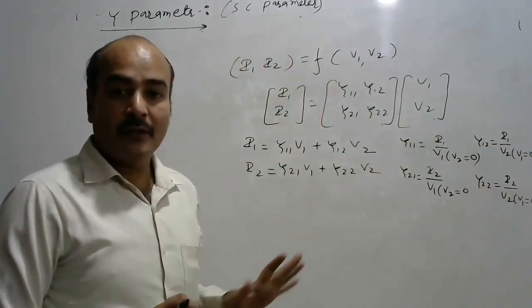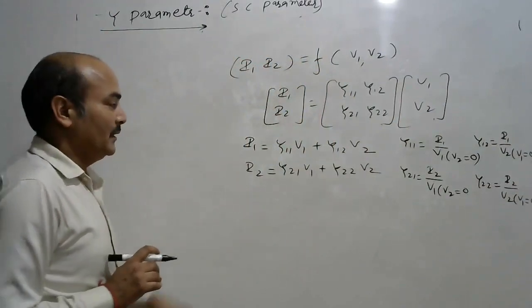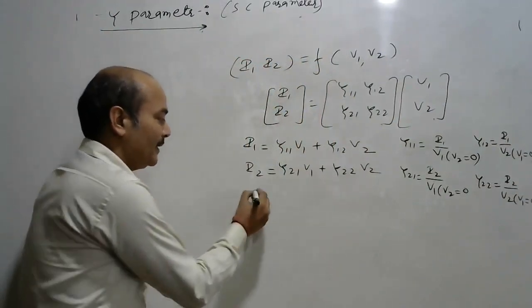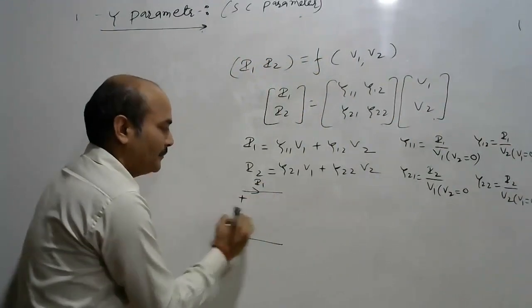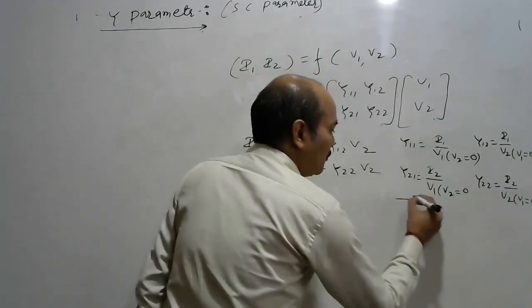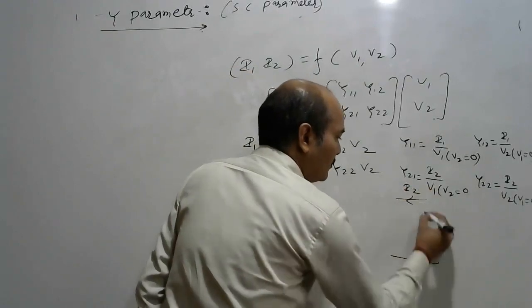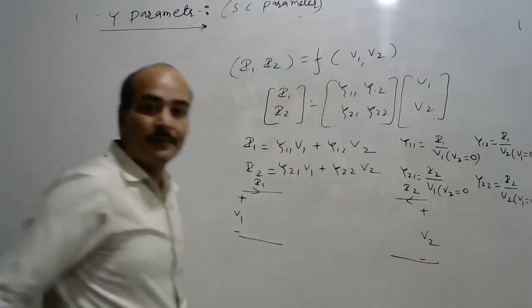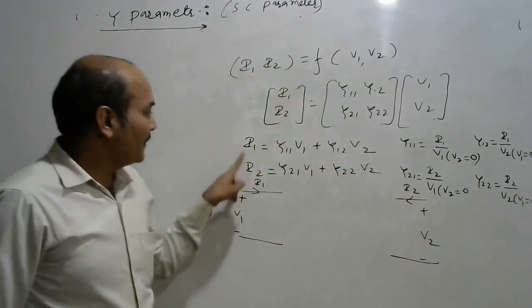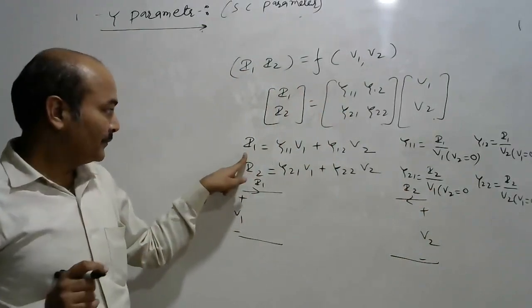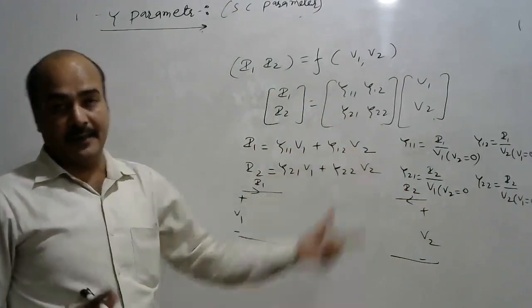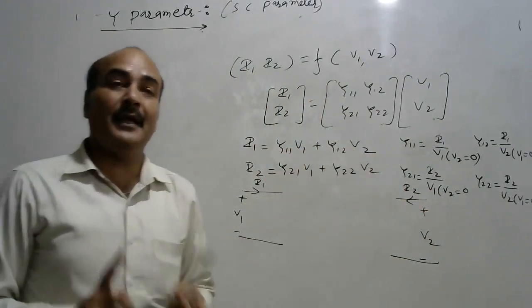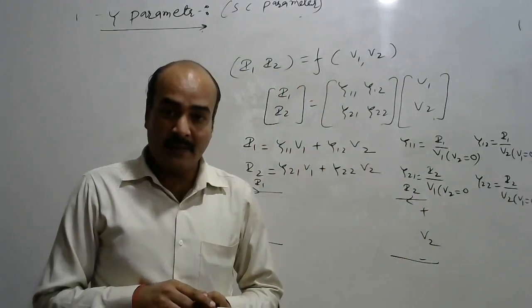And if we want to draw the equivalent circuit for the Y parameters: for the input port, the current is I1 and the voltage is V1, and for the output port, the current is I2 and the output voltage is V2. See, I1 is the current, so these two terms are also currents, because current can be added with current.